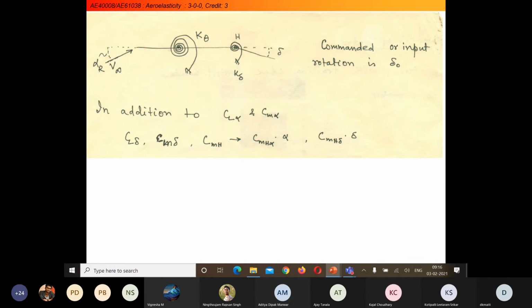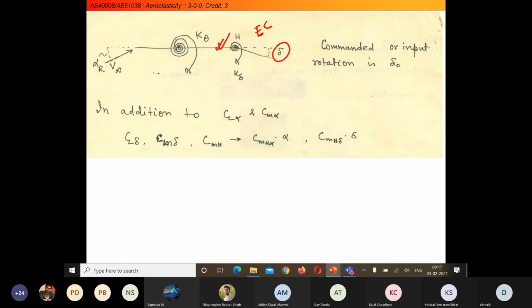We are considering the aircraft wing with this line, and a control surface length of capital E into C. Now we are taking the angle of attack alpha, which is 1 degree of freedom. Another is delta, the control surface deflection, another degree of freedom. So we will be considering a 2 degree of freedom system.